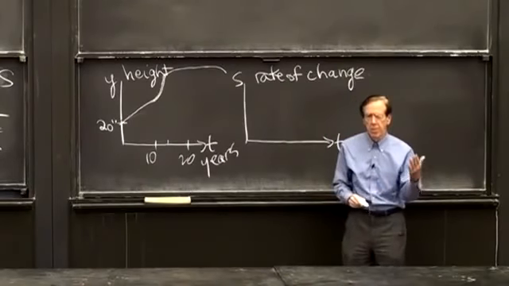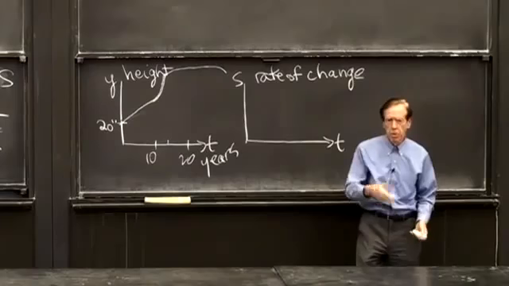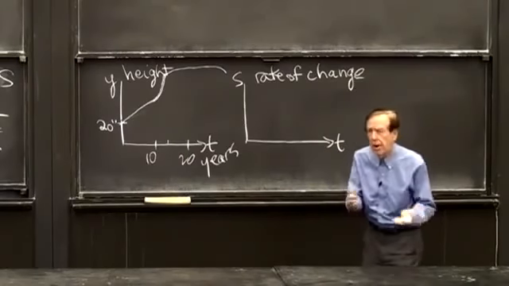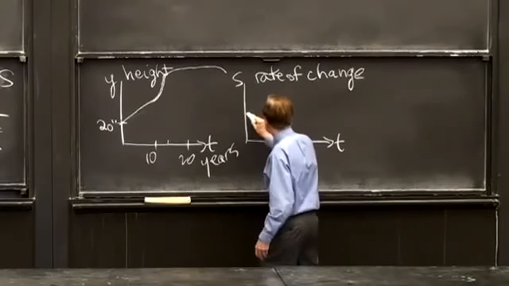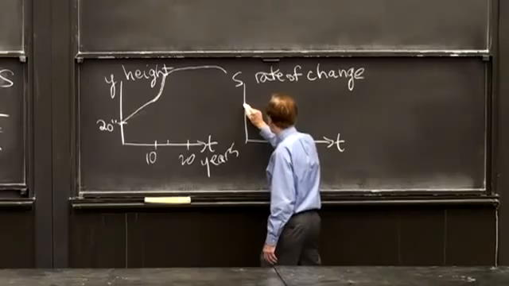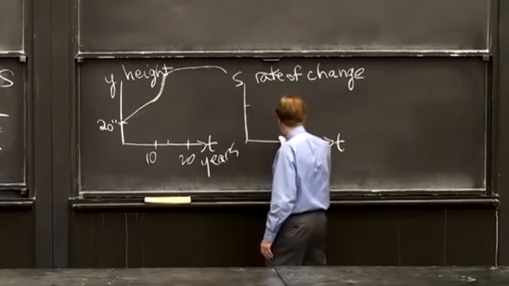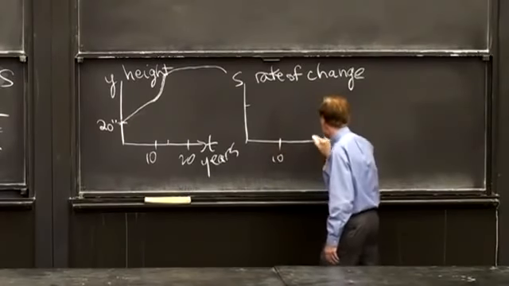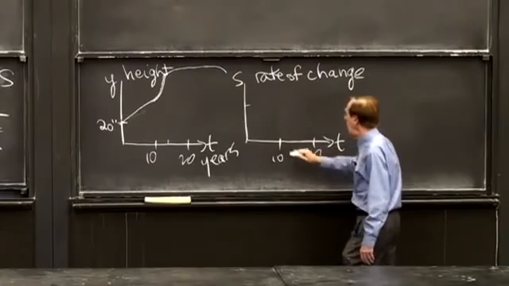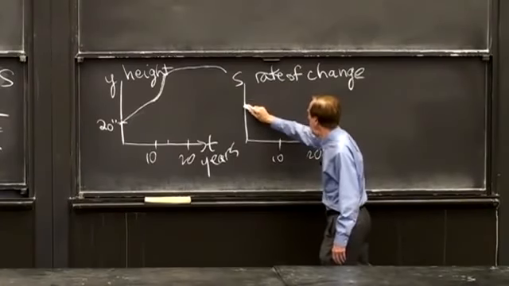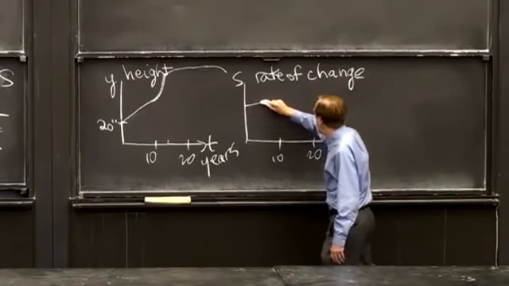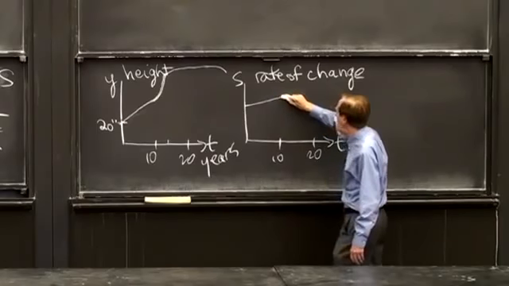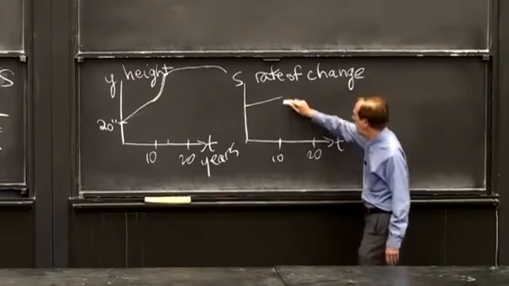It's fantastic that when we draw graphs of things, the word slope is suddenly the right word. So you're growing, maybe at a pretty good rate here. And let me mark out 10 and 20 years. You're doing well, coming along here.